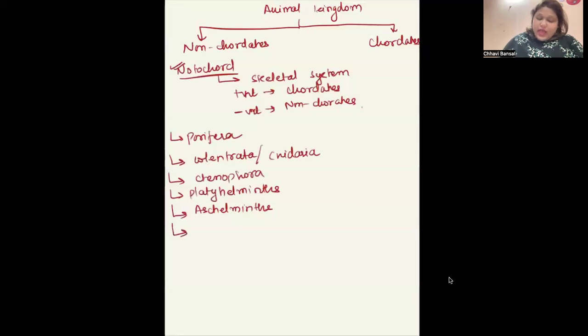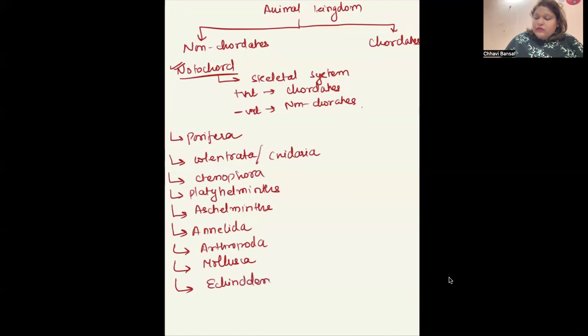Sixth is Annelida. Seven, Arthropoda. Eight, Mollusca. Ninth, Echinodermata. And 10th, Hemichordata.